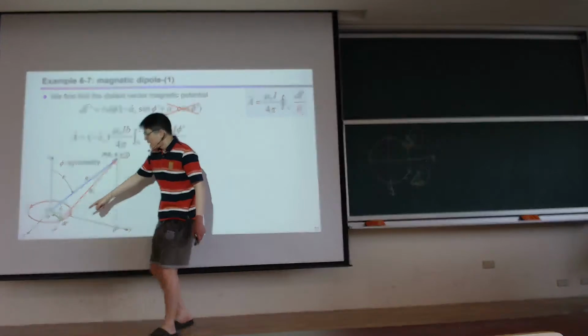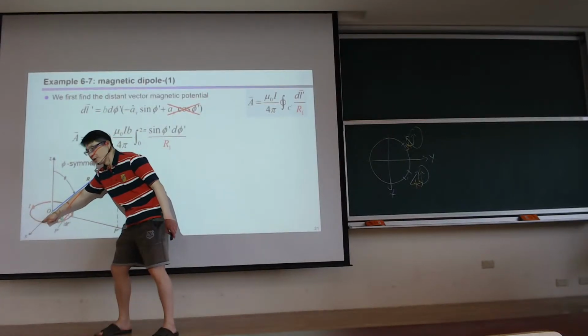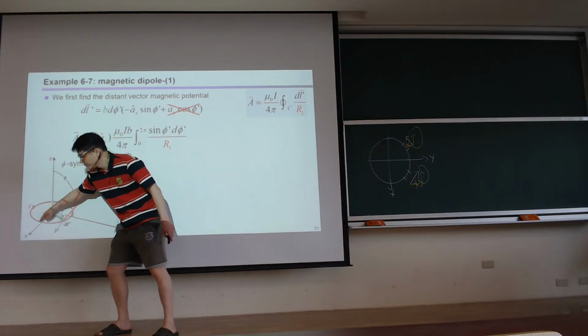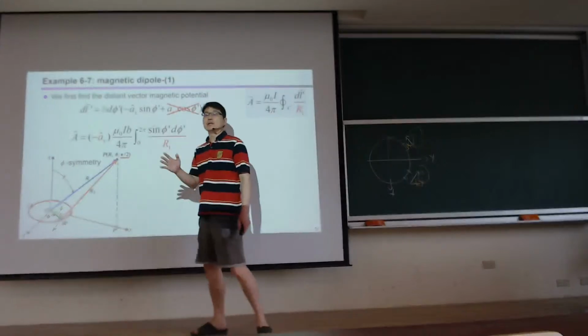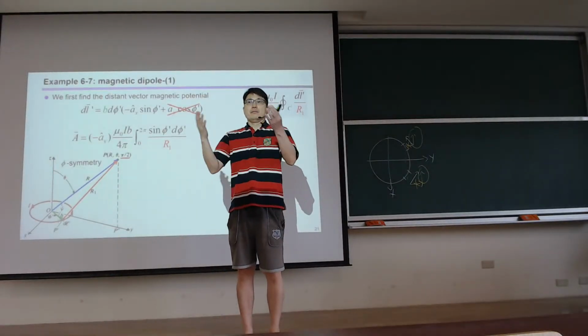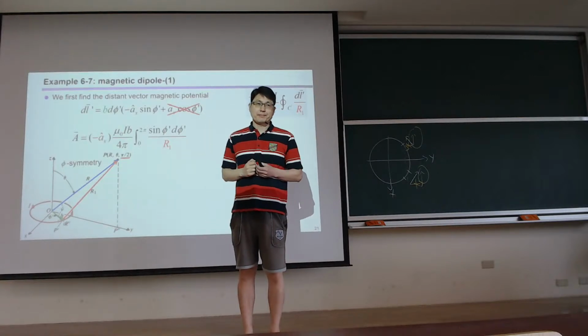So therefore, I have to start from this point where phi prime is 0 and go all the way to 2 pi. Ideally, phi prime from 0 to 2 pi means a closed loop.